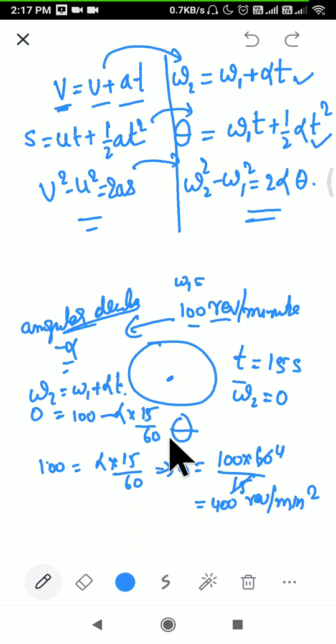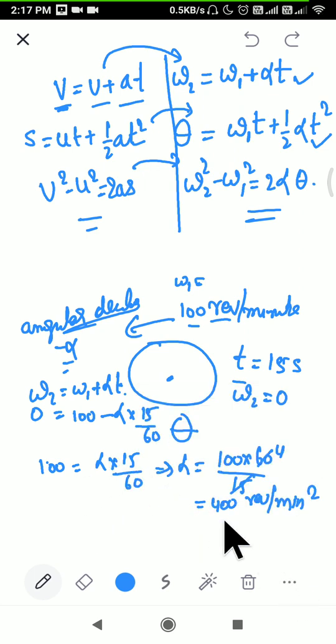Now we have found alpha, and we have to use the other formula to find theta. Omega 1 is 100, t is 15 seconds, which again we have to give in minutes, and alpha is 400. Then we will get theta in revolutions.